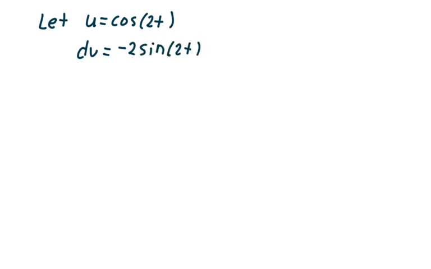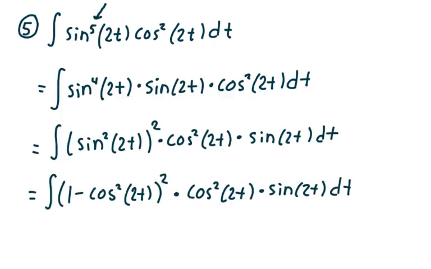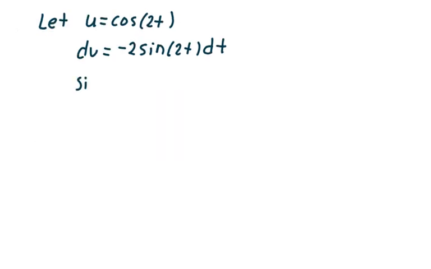From here, I'm going to let u be cosine of 2t. So du is negative 2 sine of 2t dt. That's just chain rule. But don't forget, we need to solve for sine of 2t dt. So sine of 2t dt is negative 1/2 du.